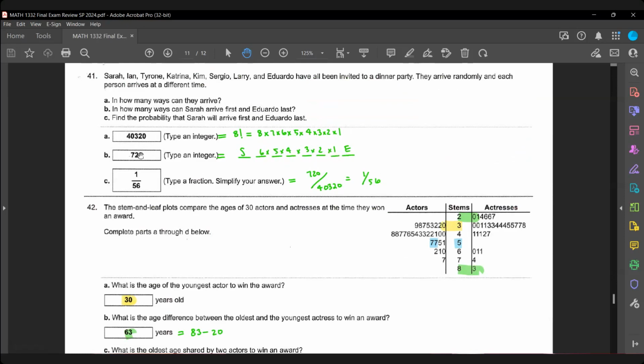This product is equal to 720. It says find the probability that Sarah will arrive first and Eduardo last. So, using the previous numbers, that is 720 over 40320, which reduces to 1 over 56.